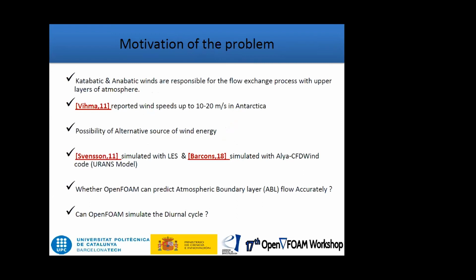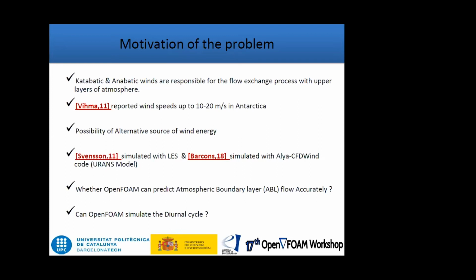The motivation for my problem is that these katabatic and anabatic winds are responsible for exchanging flow between the upper layers of the atmosphere. For example, the katabatic flow will bring down the pollutants.